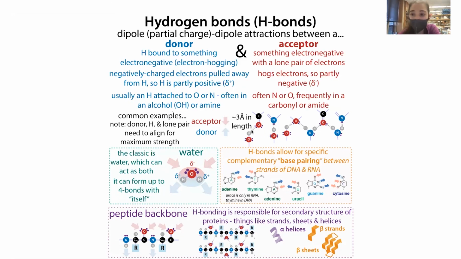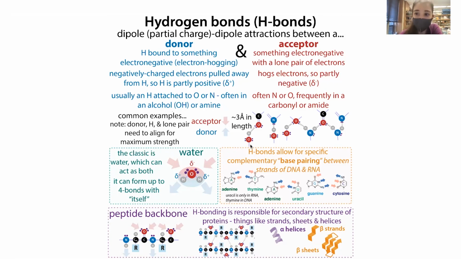These are more like partial charge attractions between an electronegative atom with a lone pair of electrons and a hydrogen attached to an electronegative atom. So this hydrogen is going to be partly positive, and the electronegative oxygen, with the lone pair on it, is going to be partly negative. It requires special geometry in order to be strongest.